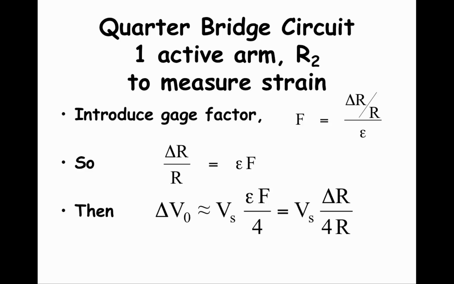This equation is the one that you want to highlight. You will not be expected to develop the relation between the strain and the Wheatstone bridge circuit output voltage. However, you are expected to use this equation when you have a problem with one active arm.